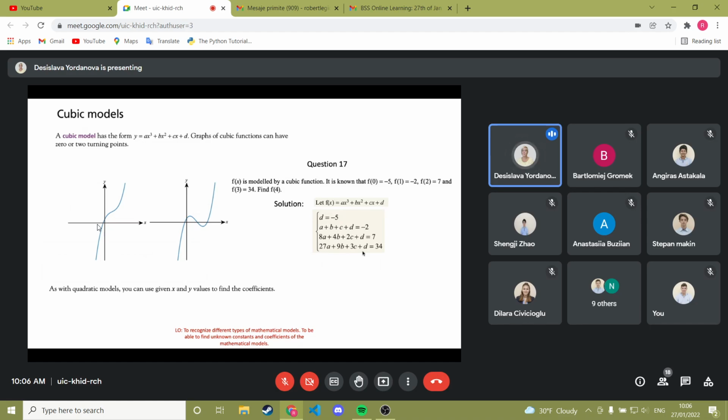You use your best friend to solve it. You find the coefficients. That's how you find the model. At first the model, and then you substitute it by 4.